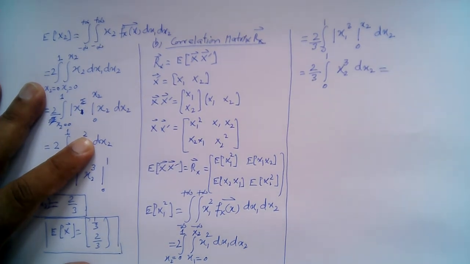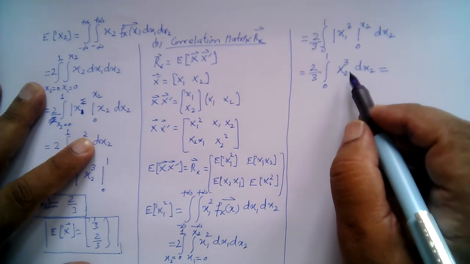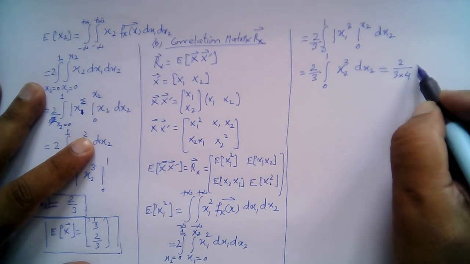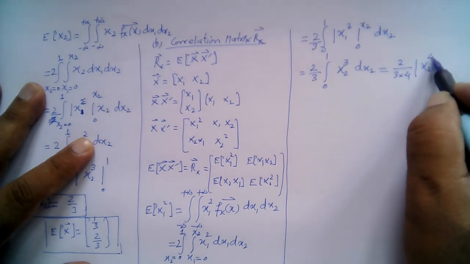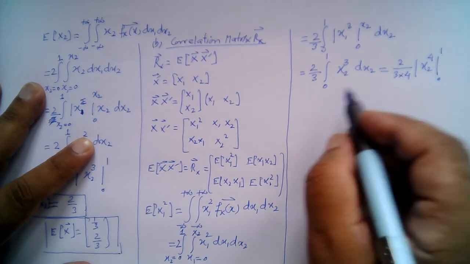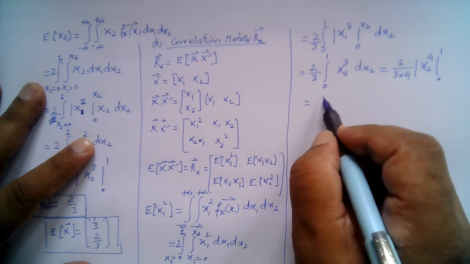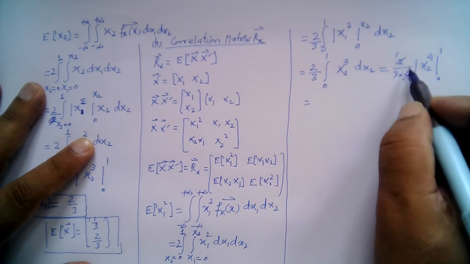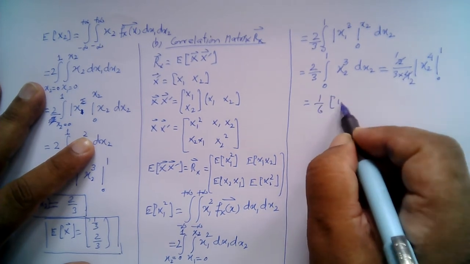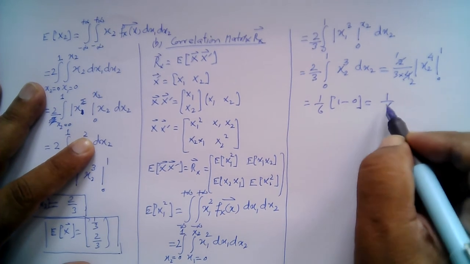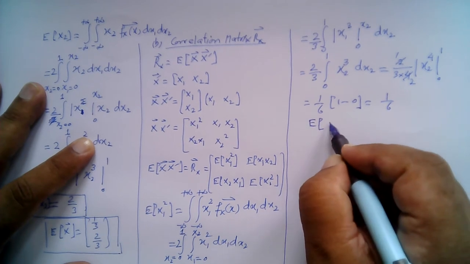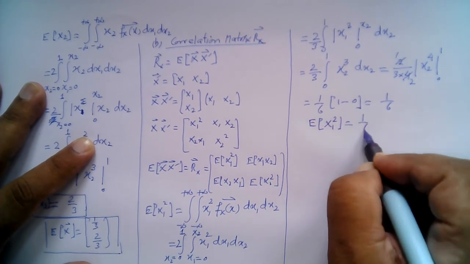If we integrate it, we will get x2 raised to the power 4 over 4. So 2 over 3 into 4, x2 raised to the power 4, limits 0 to 1. This will cancel, and it will become 1 over 6 into 1 minus 0, so this is 1 over 6. So expected value of x1 square is 1 over 6.